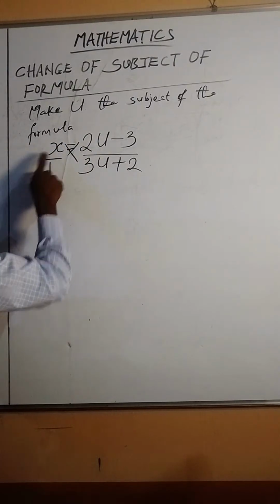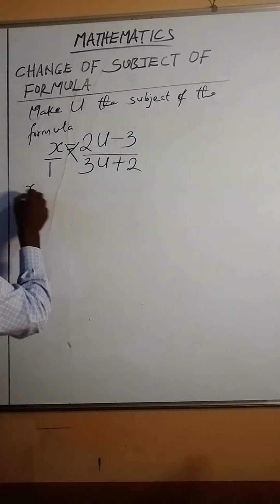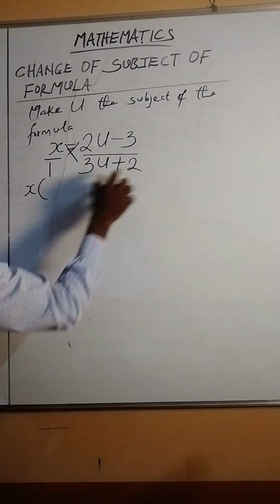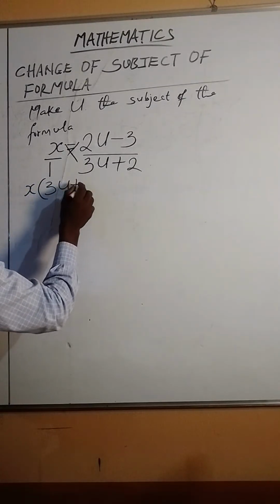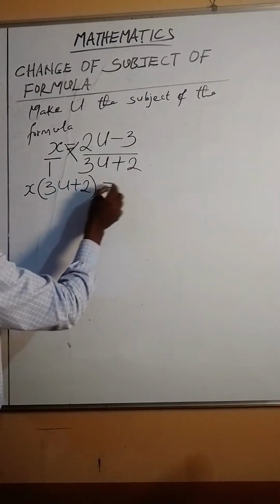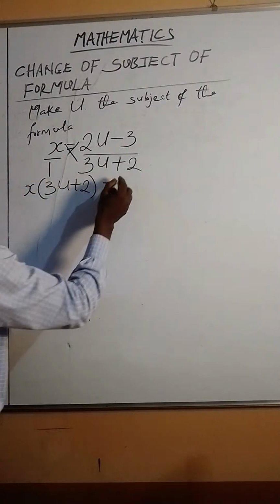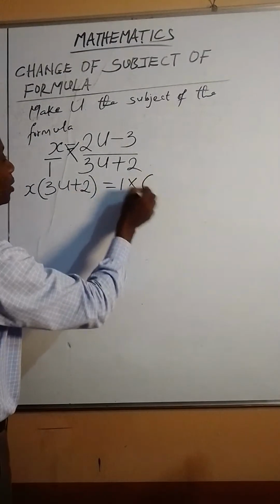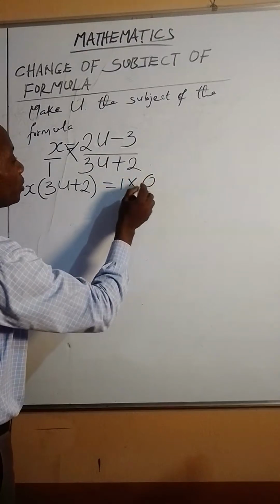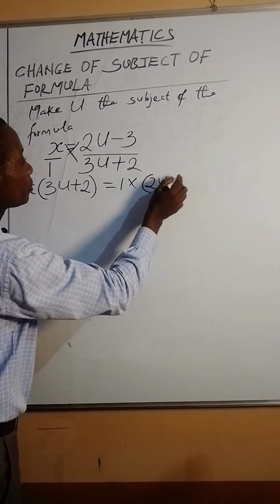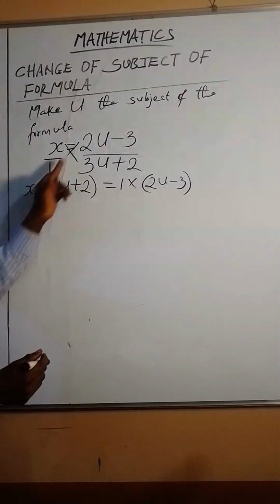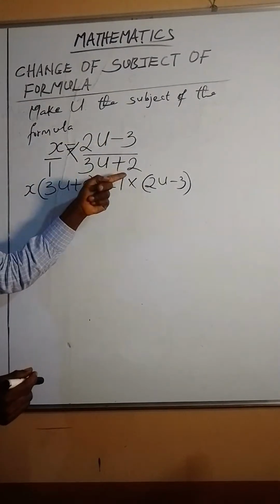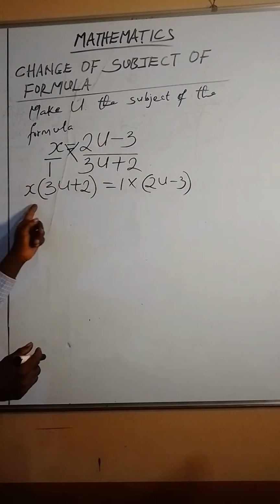So we are going to have x multiplying this bracket, 3u plus 2, equals 1 times this one, which is 2u minus 3. This 1 will multiply this, while this x will multiply this. That is cross multiplication.